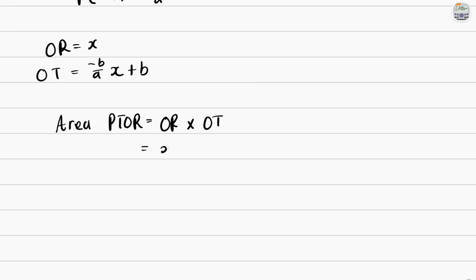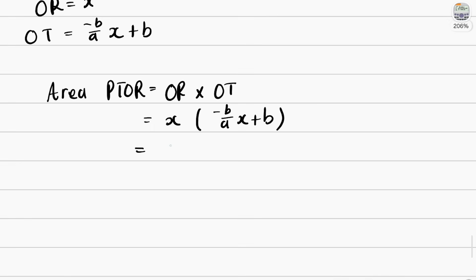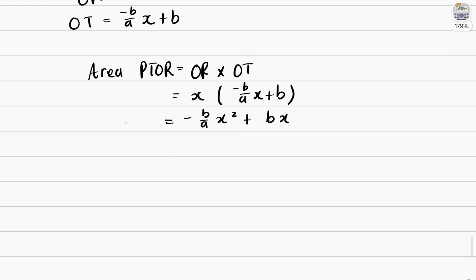This is equal to x multiplied by negative b over a x plus b. We can just distribute. If we distribute, we get negative b over a x squared, you see it's already quadratic, and then x times b, which is positive bx, so that it's in terms of x. So this is the area. Let's call it A of x.